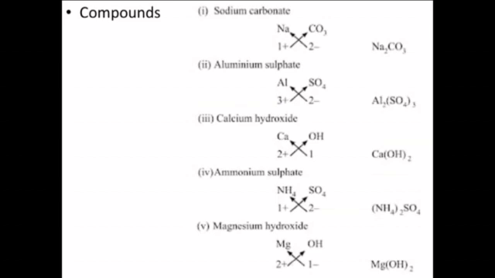The gas obtained in case of group 1 is colorless and odorless. It is hydrogen gas. The gas obtained in the case of group 2 is colorless with the smell of rotten eggs. It is hydrogen sulfide gas.